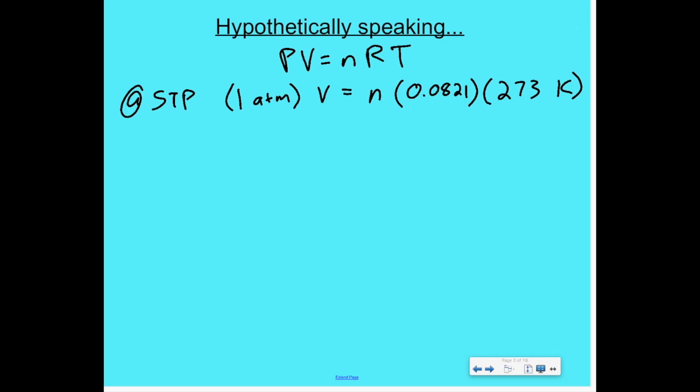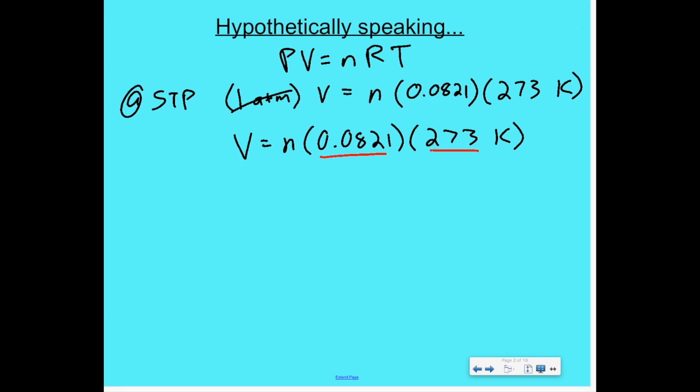So, 1 atmosphere times V is really just V. So I'll simplify that to V equals n times 0.0821 times 273 Kelvin. Well, now we have 2 numbers here that are multiplying together, so I'll just multiply.